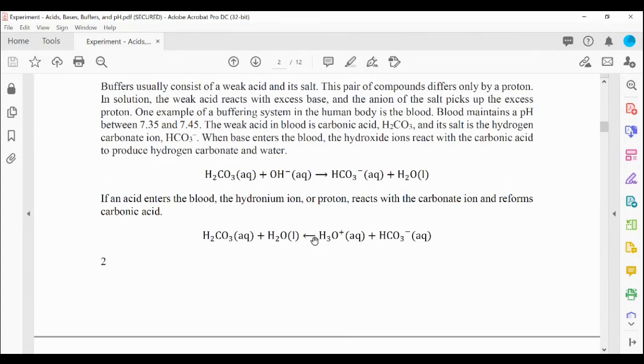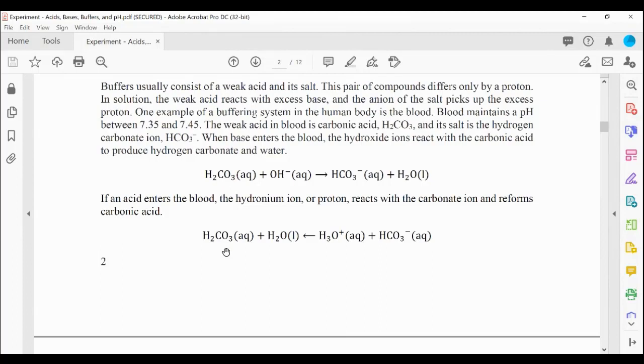But if I add an acid, H3O+, it will react with the conjugate base of the weak acid to form more acids. So this is how the buffers act, how the buffers maintain the pH nearly constant.